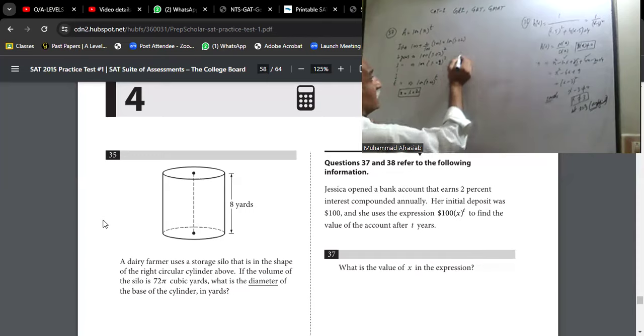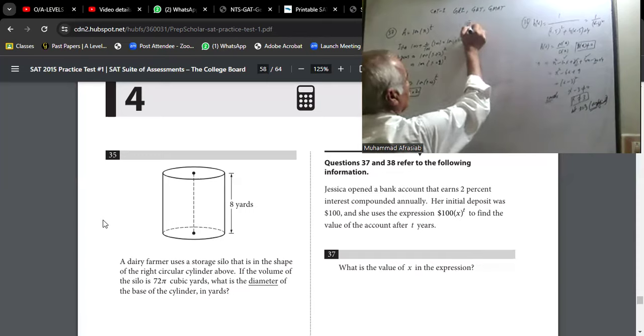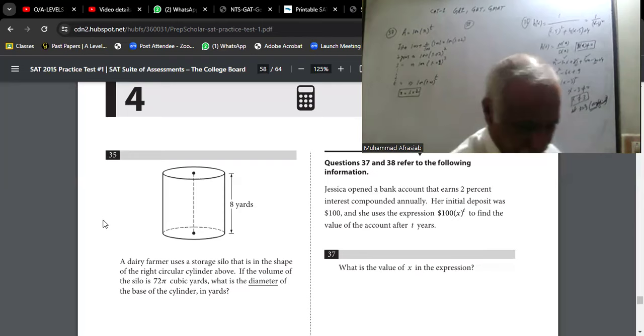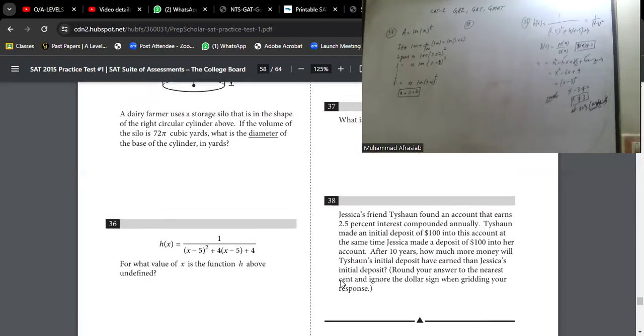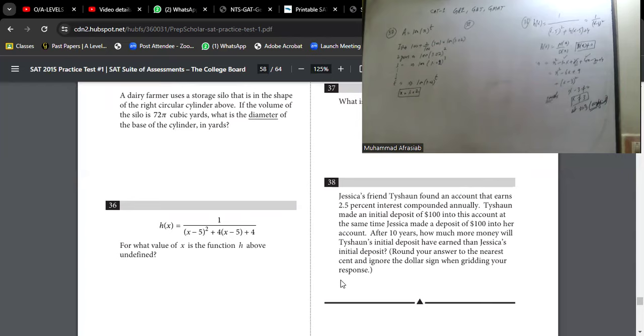Now question number 38. Jessica's friend Taishan opens an account that earns 2.5% interest compounded annually.